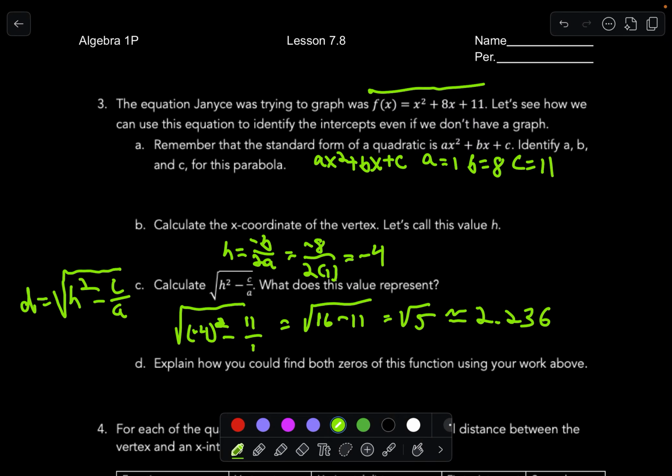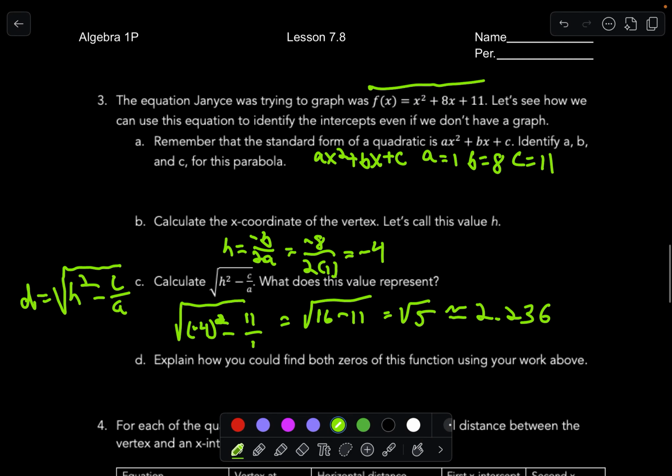Okay, what does that value represent? This is the distance the x-intercept is from the axis of symmetry, AOS. Okay?